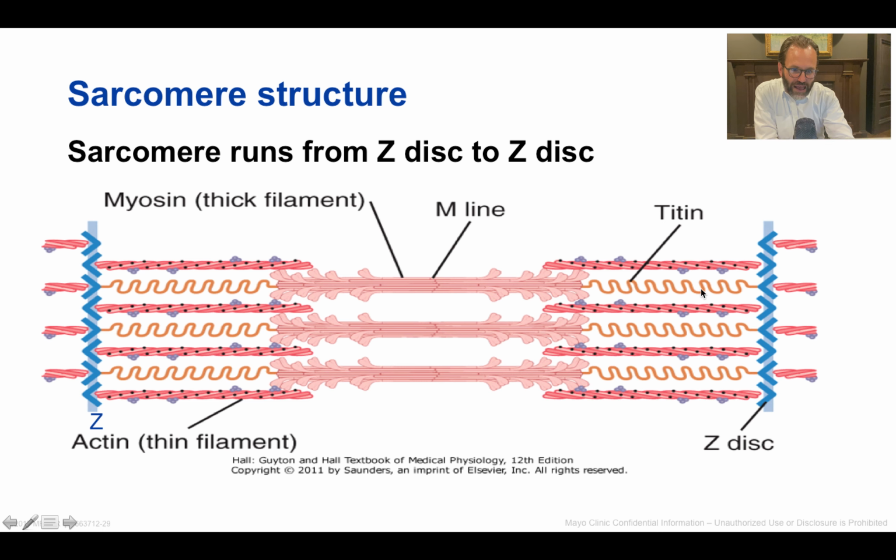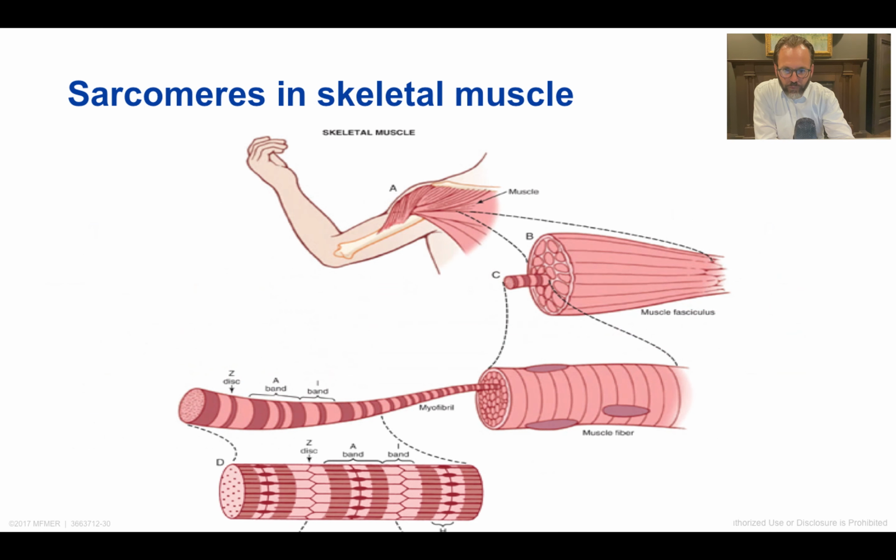It's somewhat of an elastic protein called titin, which keeps the thick filaments in the appropriate orientation to the thin filaments. And so again, as you can see, these thick filaments are going to progressively pull themselves down this thin filament and enable cross-bridge shortening with the increases in intracellular calcium.